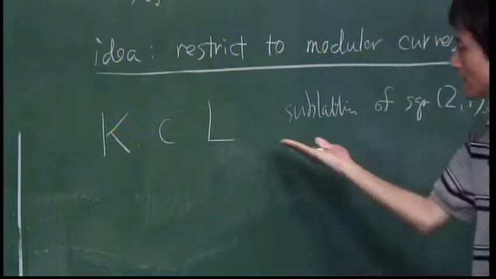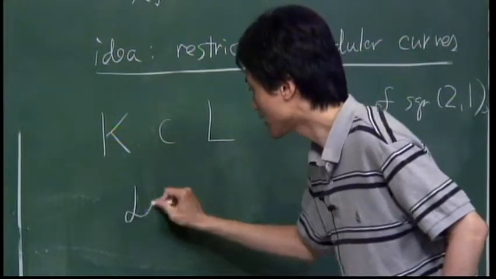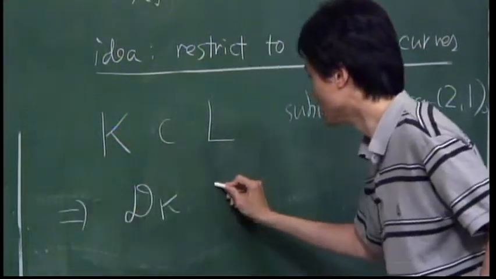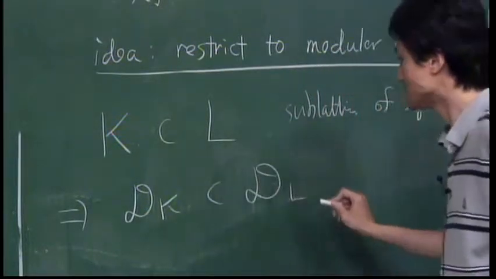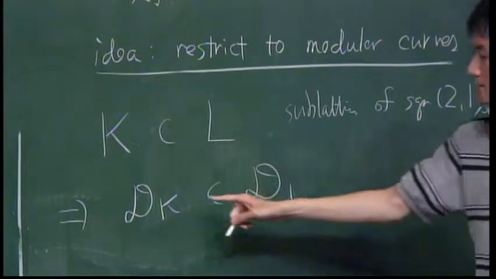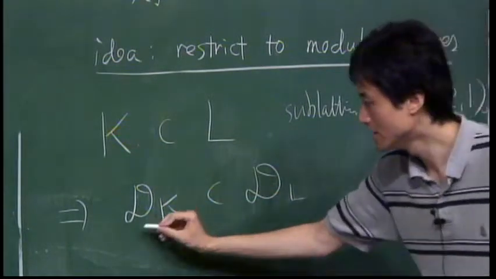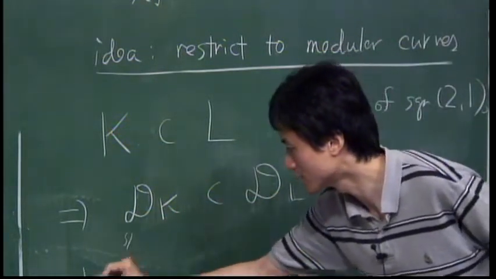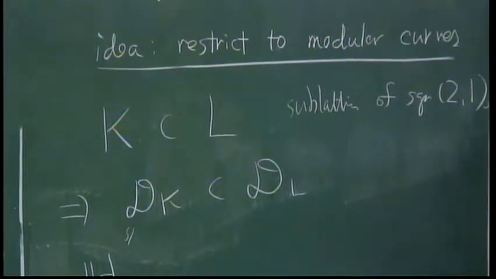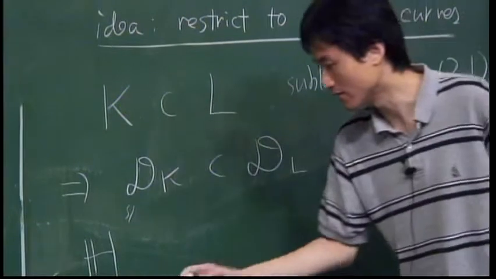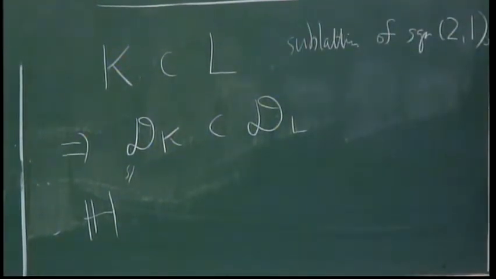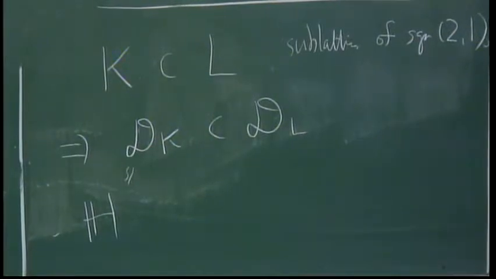So if we have an embedding, then we have an embedding of domains. And this D_K, one-dimensional, is naturally isomorphic to the upper half plane, actually the conic embedding of the upper half plane.